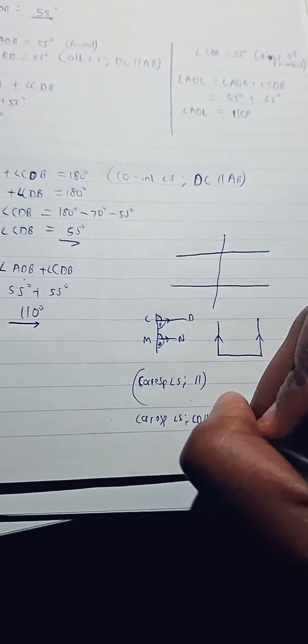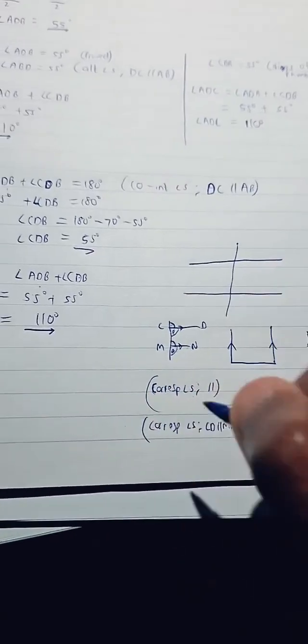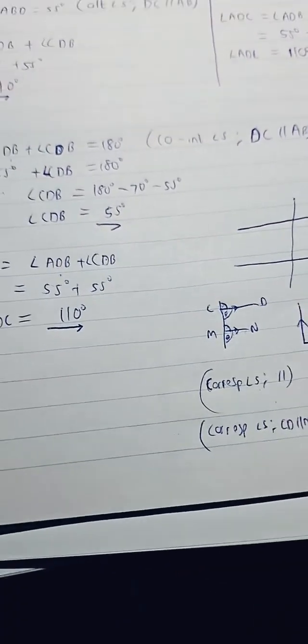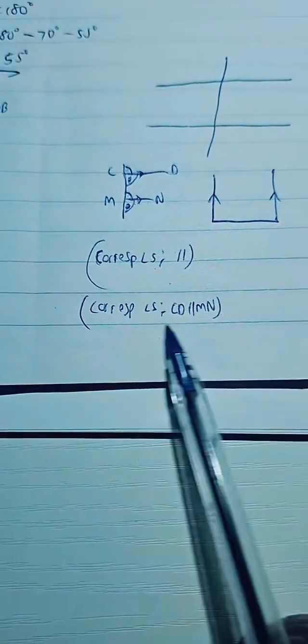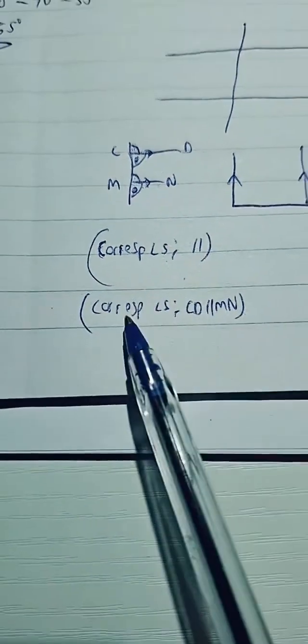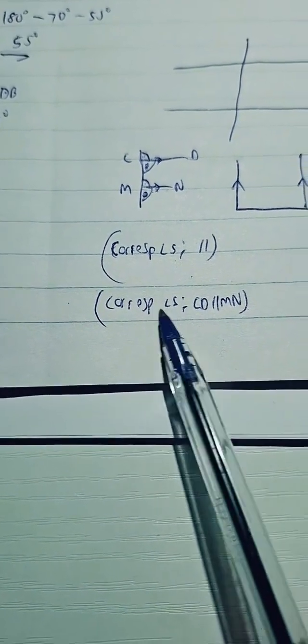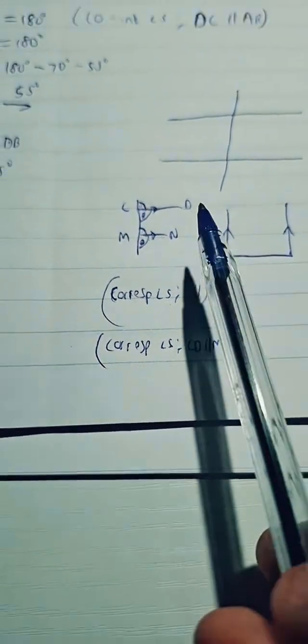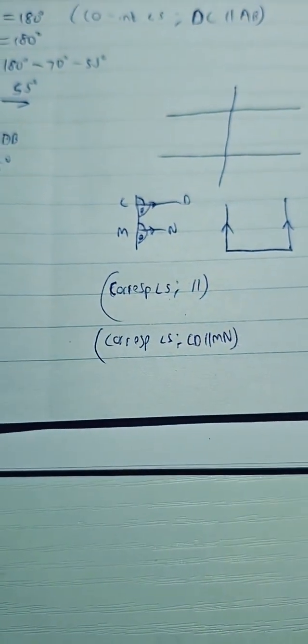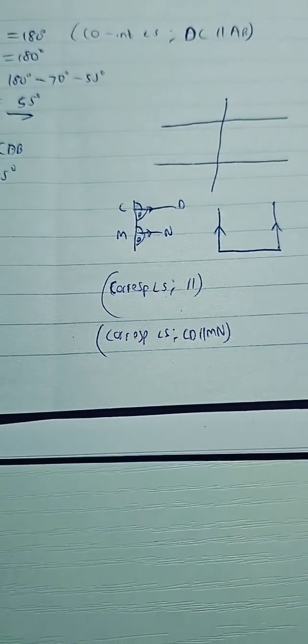CD is parallel to MN. It is of utmost importance to always state the lines that are parallel within the context of the South African syllabus that we have, which is CAPS. You must state the lines that are parallel. If you omit writing parallel lines, your corresponding angles reason does not hold water if you are going to be saying that the two angles are equal. I hope we are together there.